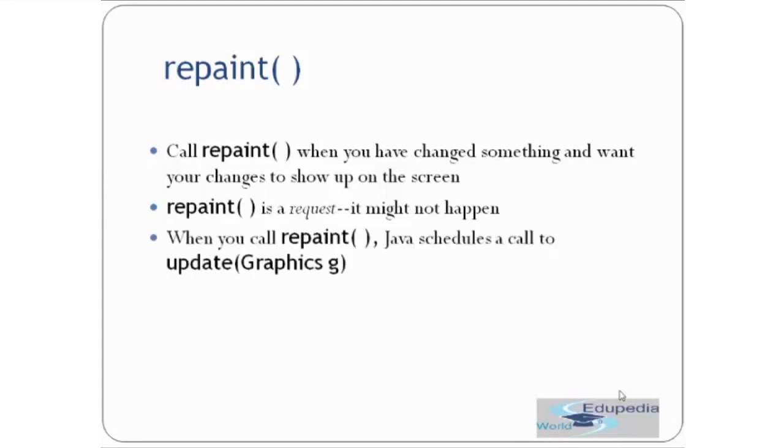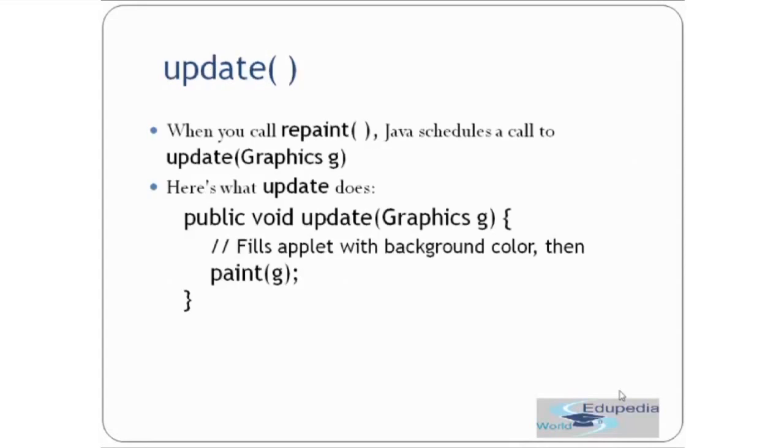When you call repaint, Java schedules a call to update(Graphics). So internally it is calling the update method, not just calling it but scheduling it. When we say scheduling, it can happen exactly at that point of time, or it might happen some time later. So this is how the update method gets called. Here is what the update method does.